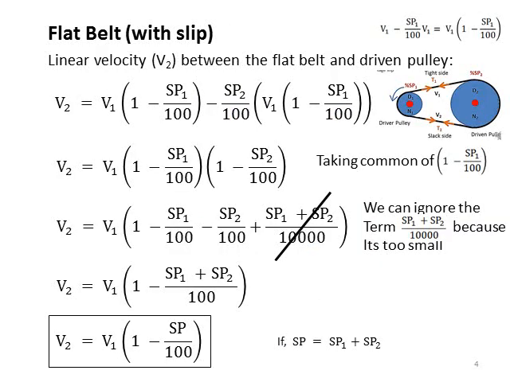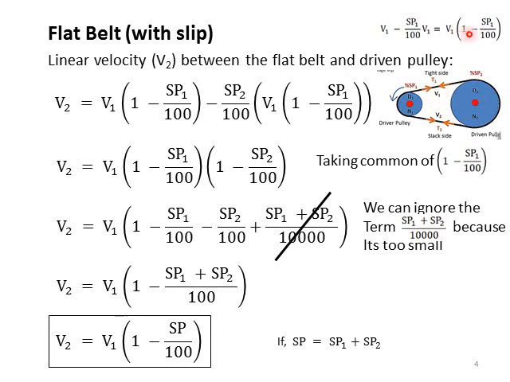Similarly, now the story becomes a little bit difficult because we are going to find the effective linear velocity at the slack side between the belt and the driven pulley. We already know this term, which is the effective velocity between the belt and the driver pulley. Due to slip, the effective velocity will not be V1, but a little bit less than V1.